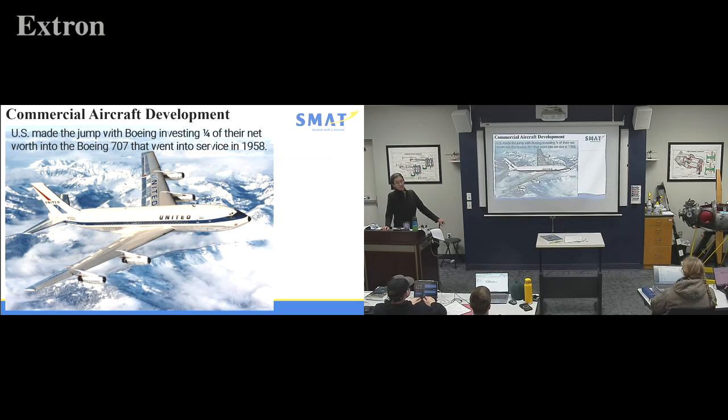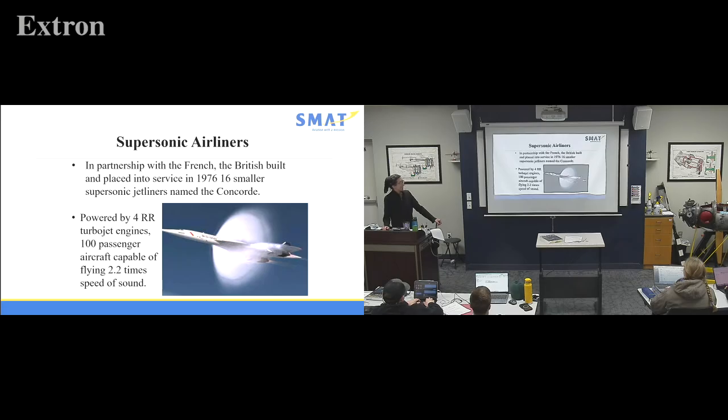Then finally, the U.S. hopped back into things. Boeing said, we're going to go big or go home, and invested a quarter of their net worth into the 707, which went into service in 1958. But then the British said, we can do it better. We're going to go supersonic, and they came up with the Concorde.